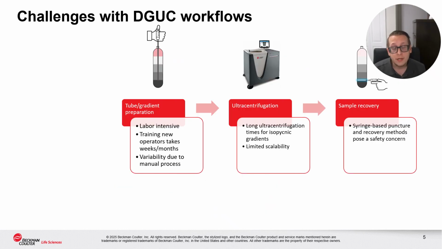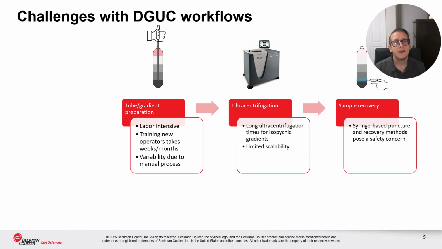As I'm sure many of you know, traditional density gradient workflows have not always been easy. When it comes to preparing the tubes, for example, it's rather labor intensive, especially if you need to begin with a linear gradient, or if you have to pipette many distinct layers. Because of this manual nature, variability is a huge concern, and it often takes new operators a very long time to build confidence.